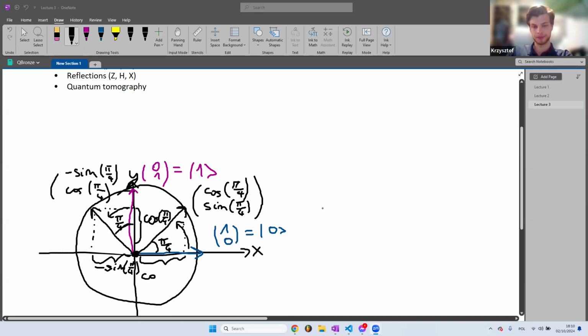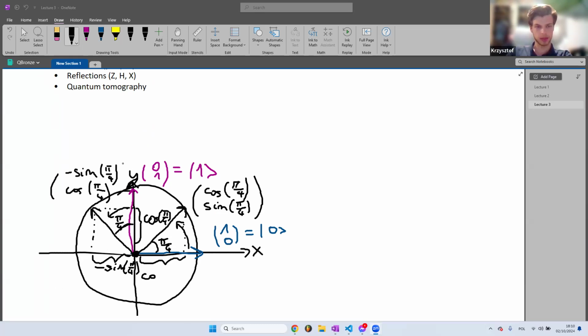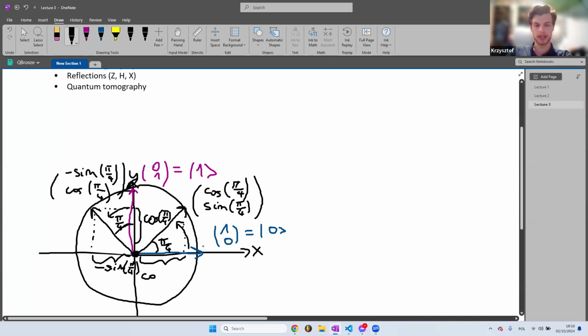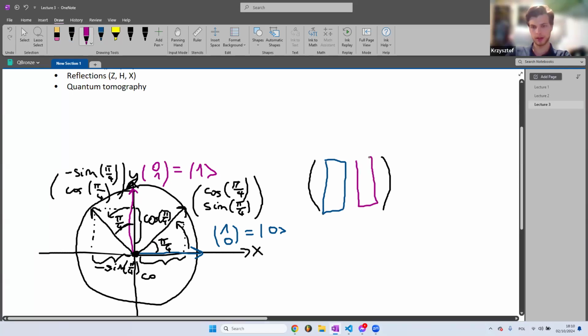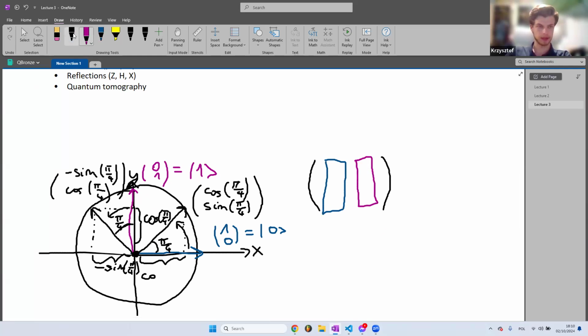So let's now represent this rotation of pi over 4 as a matrix. We said that in order to construct a matrix, in the first column we write where the first vector, the 0 vector, lands, and in the second column, we specify where the 1 vector lands. You may recall it from the first day.